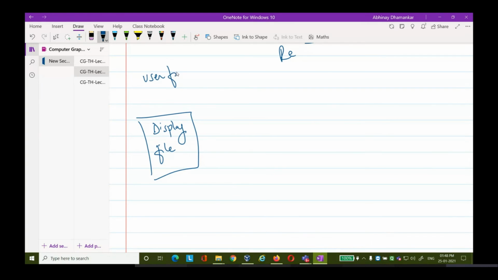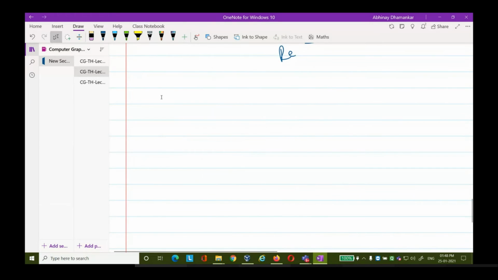User program, मैं डिफरेंट कलर लेता हूँ यहाँ पे.